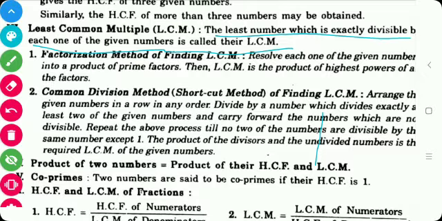The least multiple of the given numbers is called the LCM. There are two methods to find the LCM, that is the factorization method and the common division method. We will see these methods in the problems.